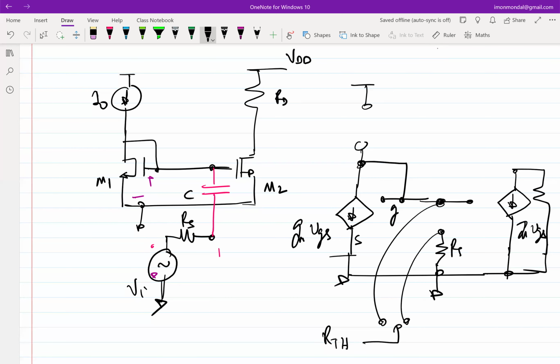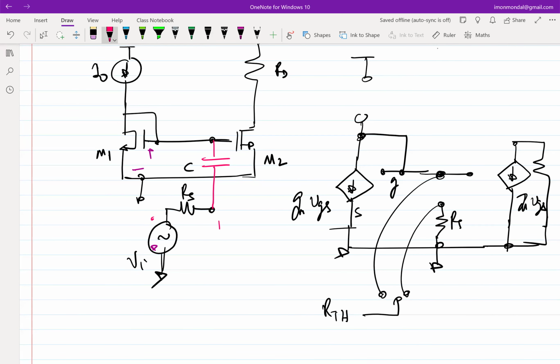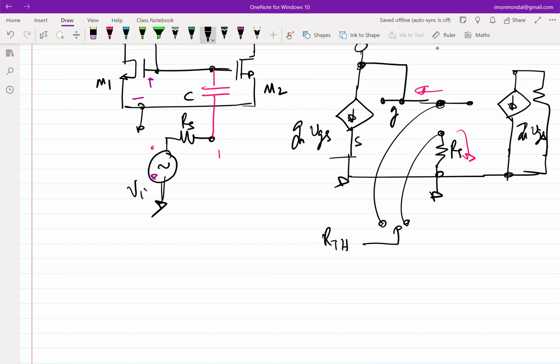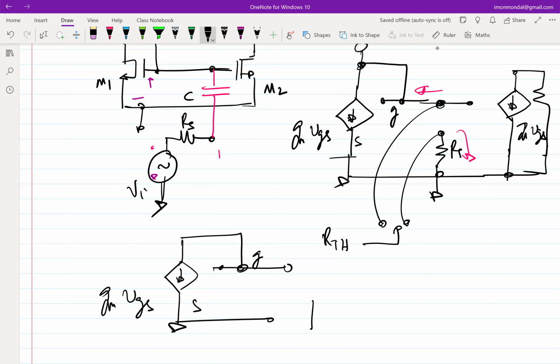Looking down, it's RS because of the RS to ground. We don't have to bother. I just have to figure out looking left. If I know what is looking left, then that plus RS will be the equivalent impedance. So what I have to figure out is the impedance of this circuit when I'm looking from this side.